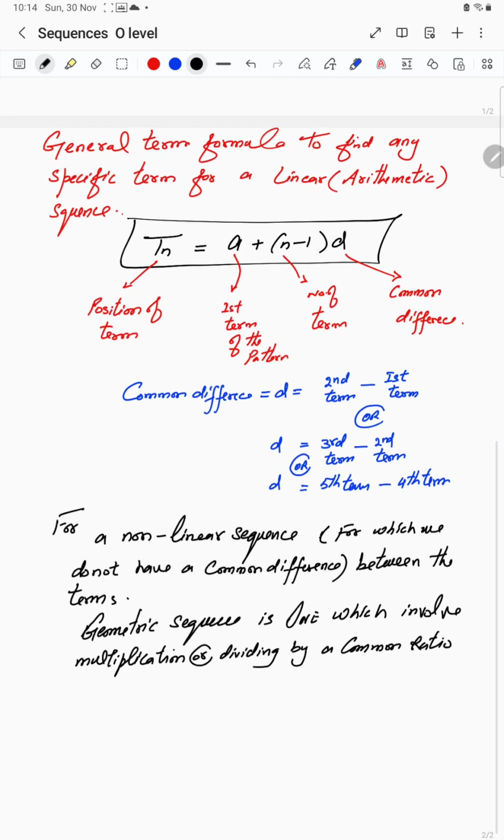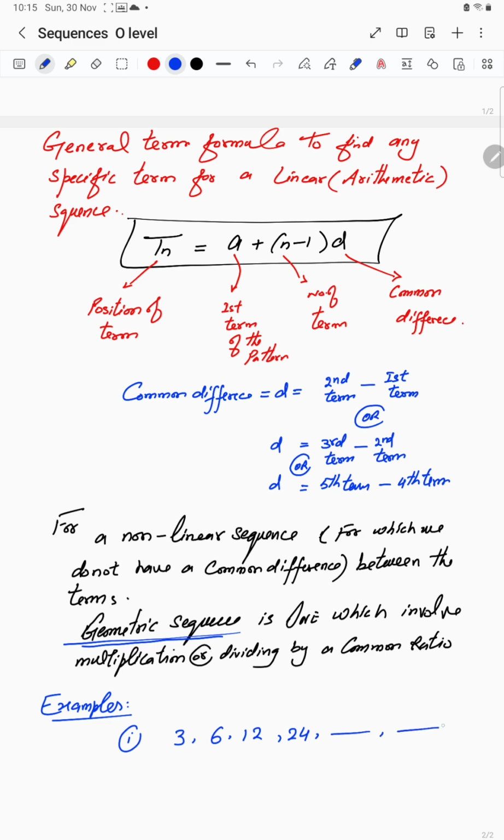Here we can give an example of a geometric sequence to make it more clear. This is an example of a geometric sequence: 3, 6, 12, 24.